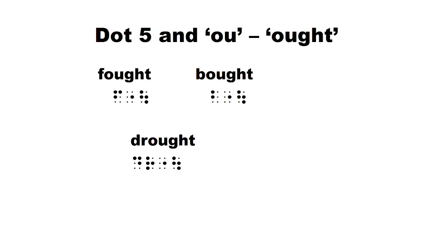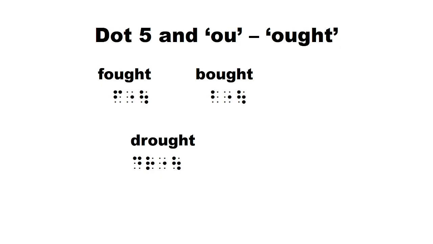Our fifth and last initial letter contraction with dot 5 is the contraction for the word ought. That's OUGHT, using two-cell contractions, dot 5 and the contraction for OU, with dots 1, 2, 5, and 6. So we can contract ought using two cells, dot 5 on the first cell, and dots 1, 2, 5, 6 on the second cell.